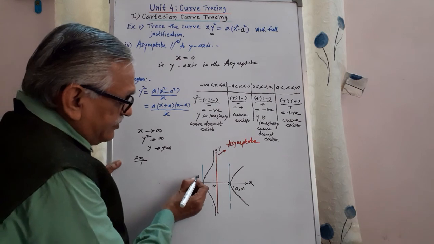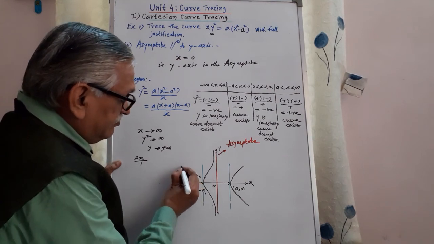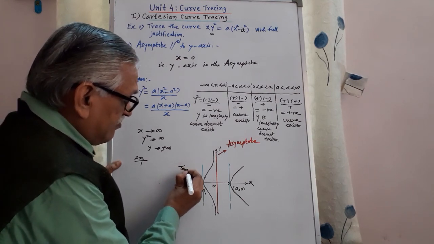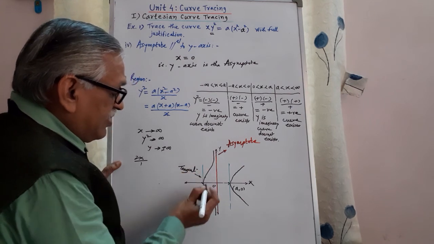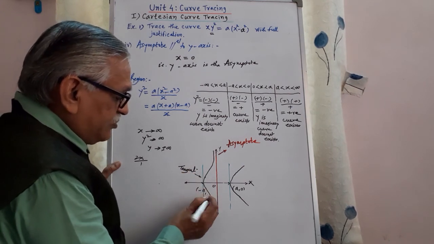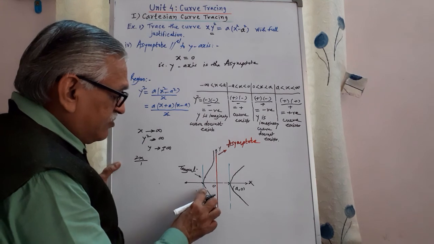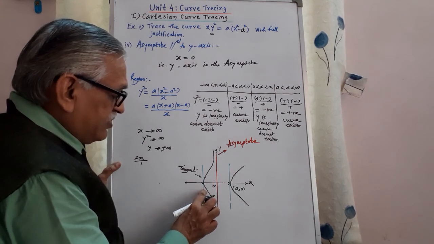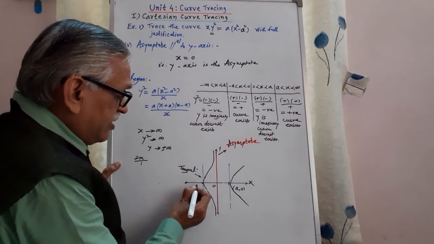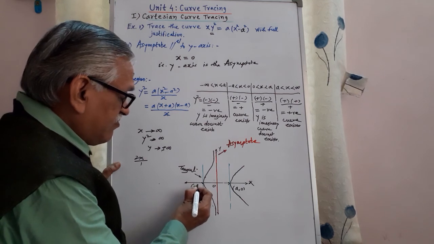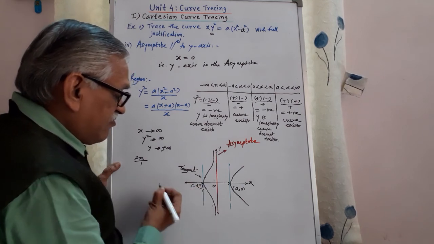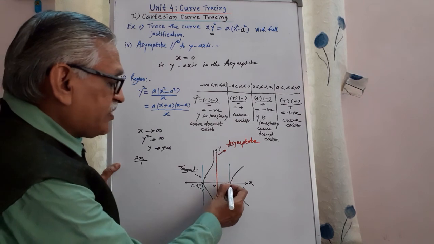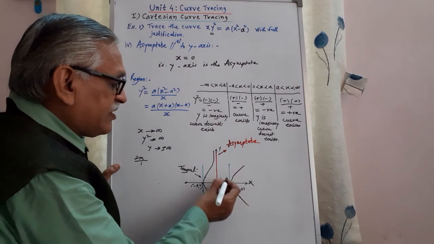This line is the tangent at the point minus a, 0. If you want, I will write down that point as minus a, 0. Okay, and this point as a, 0. Once again, this line is a tangent.